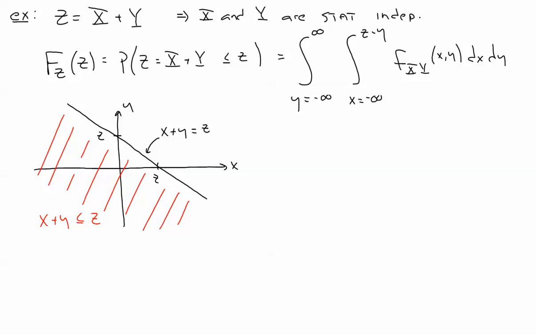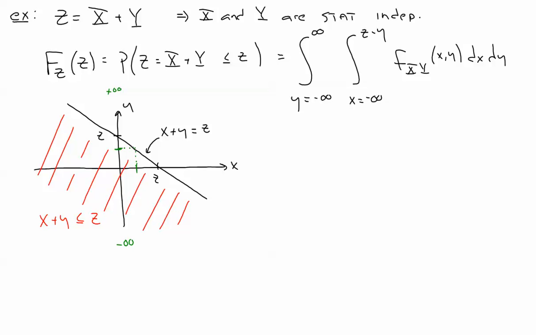Now I'm going to allow y to go from minus infinity all the way to plus infinity. But when I do that, x is limited. For any value of y, for example, right there, my maximum value for x is right there.